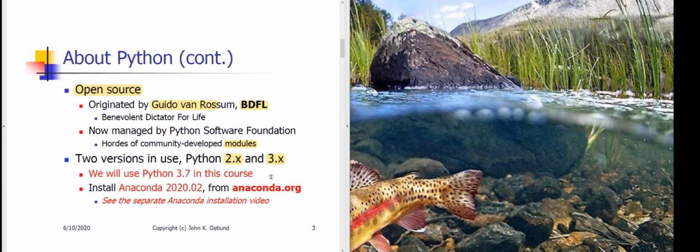The two languages are very similar to one another, but Python 3.x is considered to be cleaner. Most new development in Python land is being done in Python 3.x, nowadays Python 3.7. And many of the most important modules that were developed originally in Python 2.x have been updated to support Python 3.x notation.